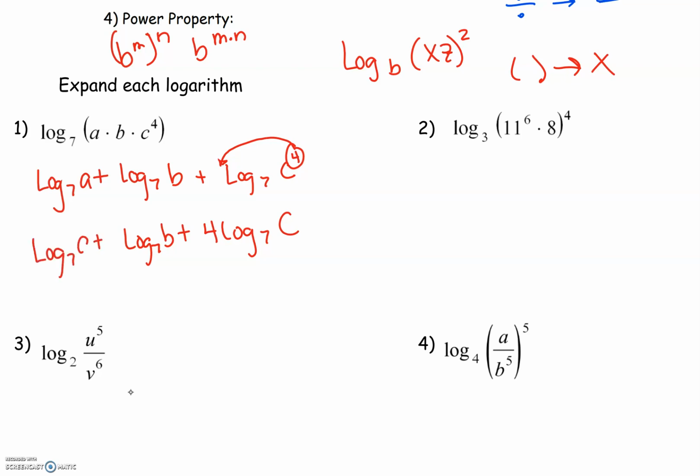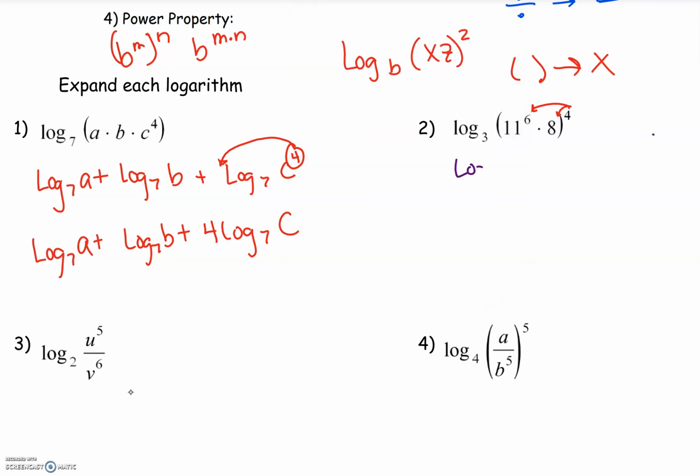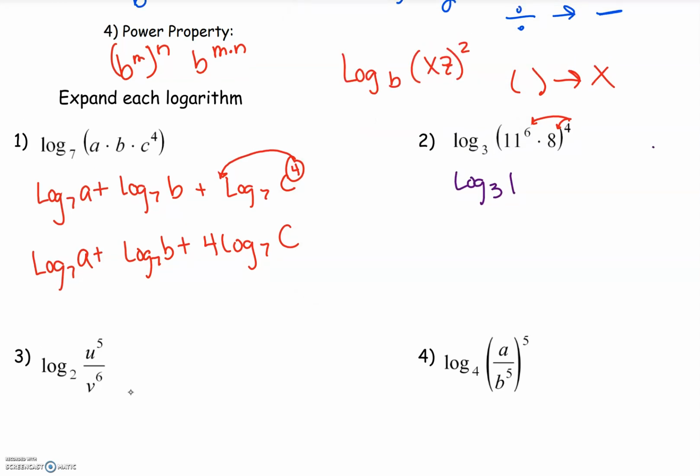That is expanding it. So A, B, and C, and we have addition, and then we put our exponents as coefficients there. So in this one, again, multiplication. So we want to first distribute this power to each of those, and then we will separate it out. So it's going to be log base 3 of 11 to the 24th times 8 to the 4th.